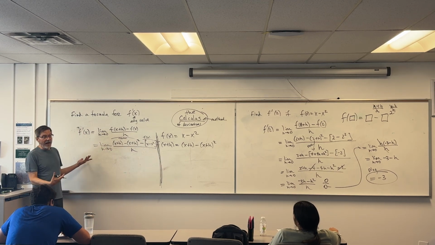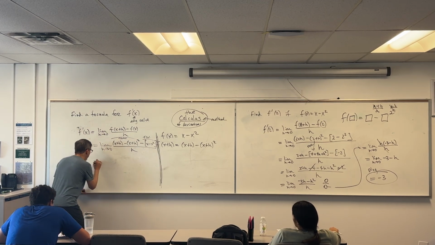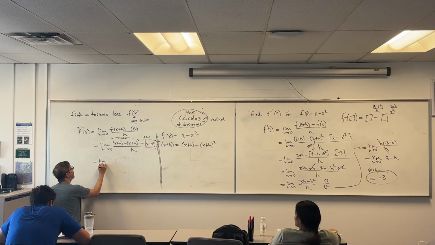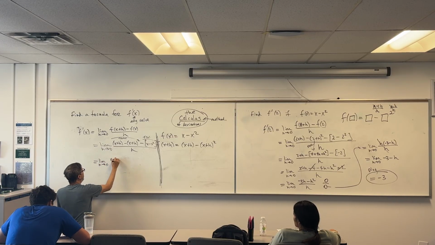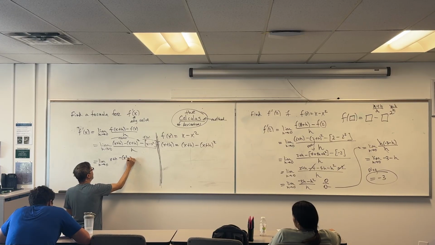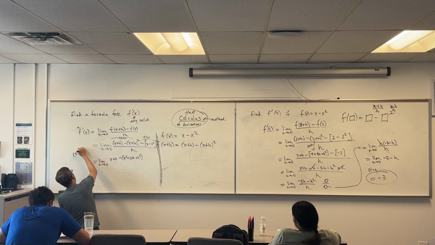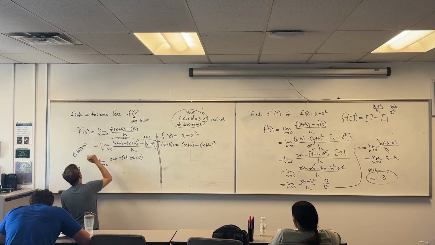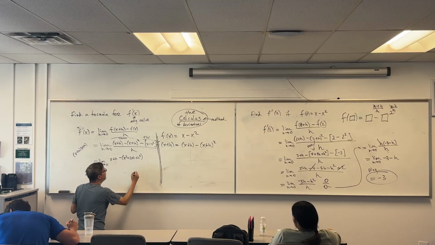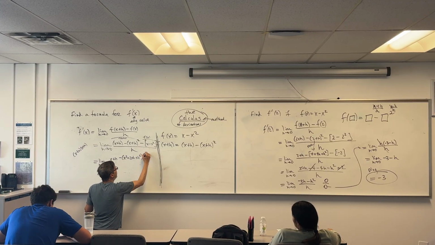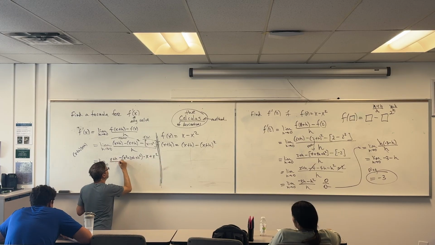Now I just have to do the algebra and see what happens. x plus h, I have to FOIL this out. I'm going to put it in parentheses. I FOILed that, right? x plus h times x plus h. And then here I'm going to distribute the minus: minus x plus x squared, all over h.